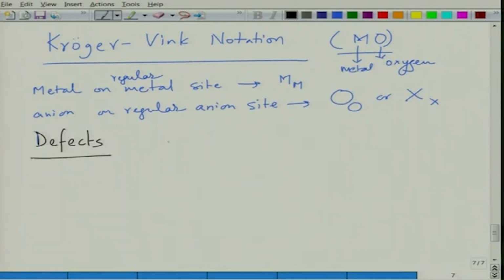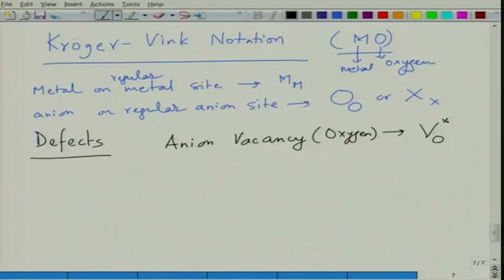So if you have an anion vacancy, which is basically an oxygen vacancy in most cases, then this is going to be VO. This could be a neutral vacancy, or it could be a charged vacancy. If it is a neutral vacancy, you write it as VOX. If it is a charged vacancy, then you write it as VO dot or VO double dot.